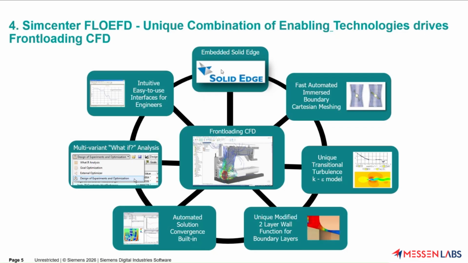I have mentioned it as Solid Edge here, but as mentioned in the previous slide, it supports major CAD softwares. And then there is fast meshing, which is automatically generated in the background by the solver. You don't have to generate the volume mesh manually here. You just have to set the element size criteria and a few meshing parameters. Meshing is automatically taken care of by the solver once you hit the run button.